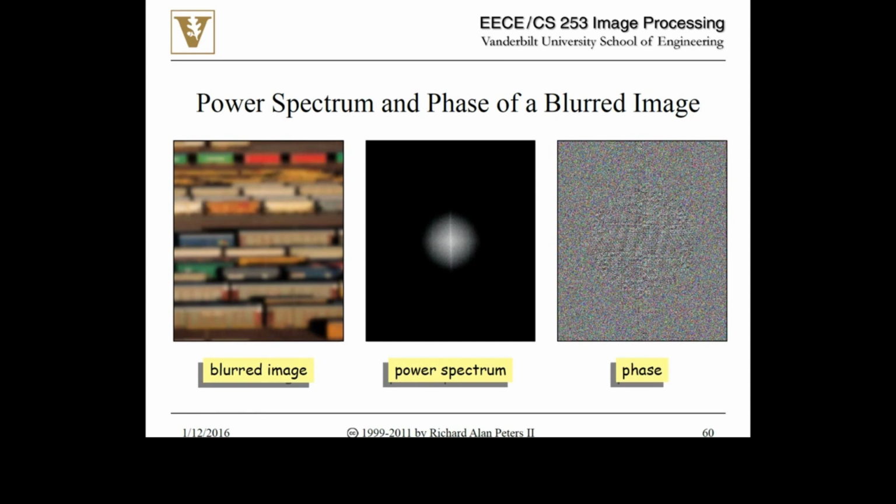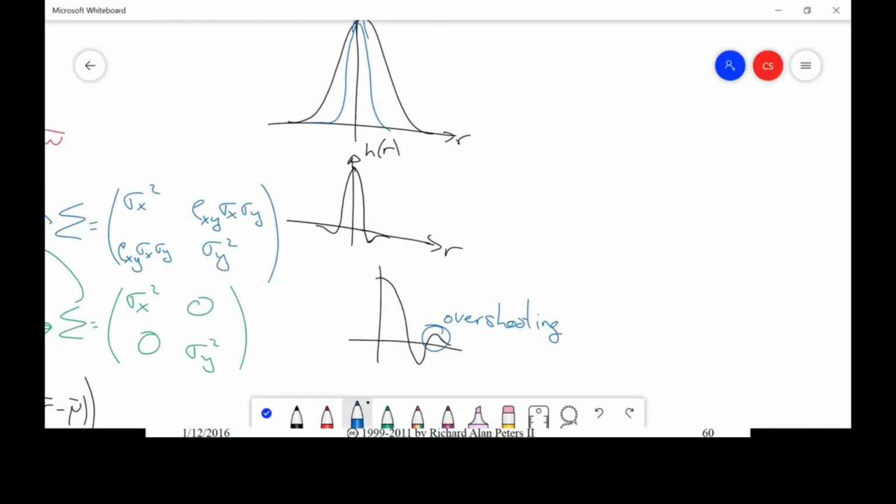So you are keeping the energy mostly in this region, but the Gaussian never goes to zero. So that means that okay, the amplitude is very small, but the phases are still conserved, and this is very interesting.